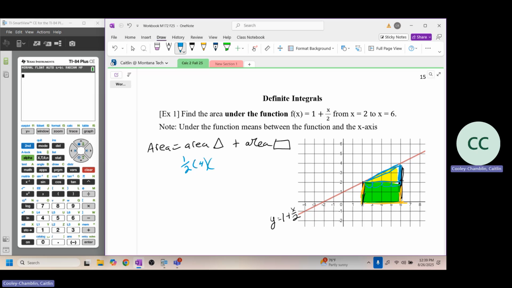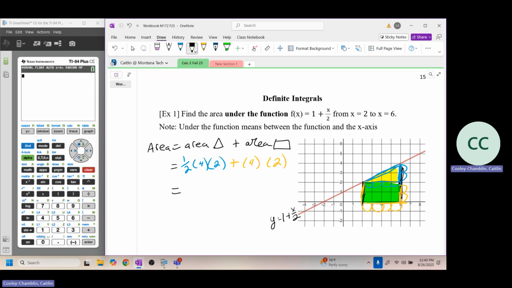My height of my triangle is 1, 2. So that's the area of my triangle plus the area of my rectangle. It's just base times height. So my base is 1, 2, 3, 4. So 4 times 1, 2. All right. So that is my area of this triangle sitting on top of a rectangle.